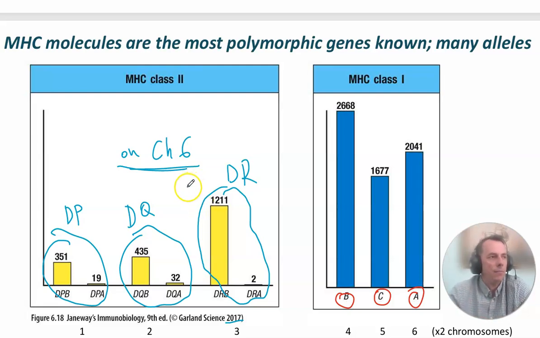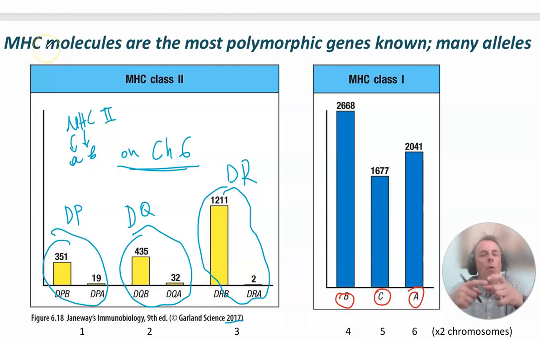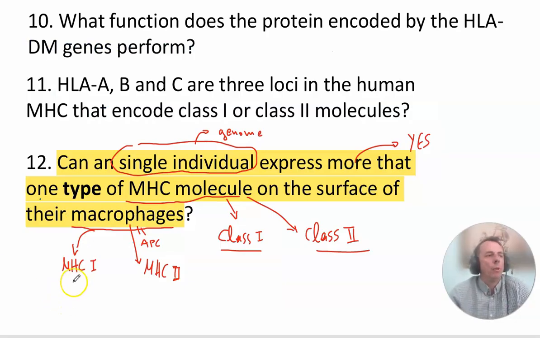So again, the MHC class 2 molecules will have different alpha and beta chains, making them all different to each other on the same cell, on the same macrophage. Going back to our question, the answer is yes, a single individual can express more than one type of MHC class 1 molecules initially and class 2 molecules also on the surface of the macrophage.